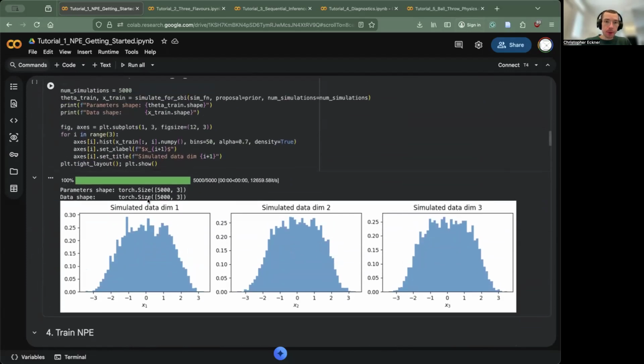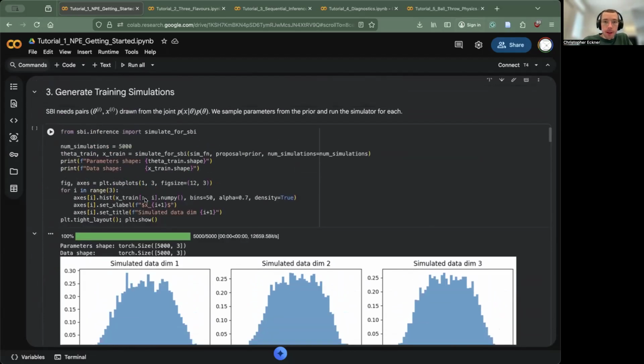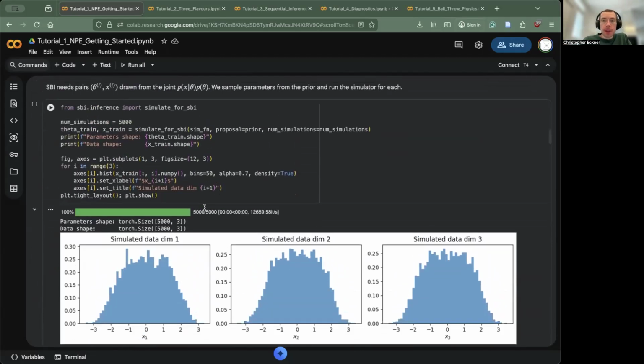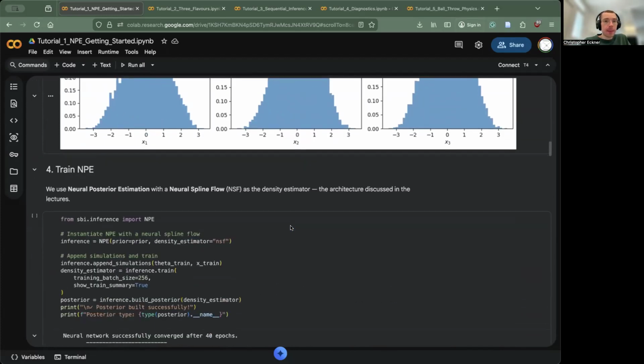You see that this produces this type of distribution, given your particular position for the target observation. It's normal, as you would expect, because it's a normal distribution.